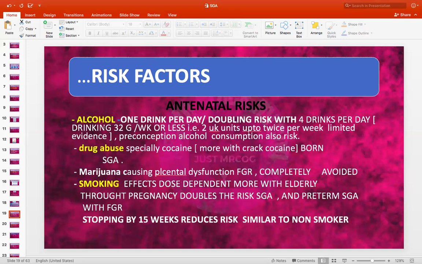So alcohol, drug abuse, smoking: drug abuse and smoking both are responsible for SGA. Smoking is also responsible for preterm delivery of SGA with FGR. But you have to counsel her that stopping by 15 weeks reduces the risk to be similar to a non-smoker.